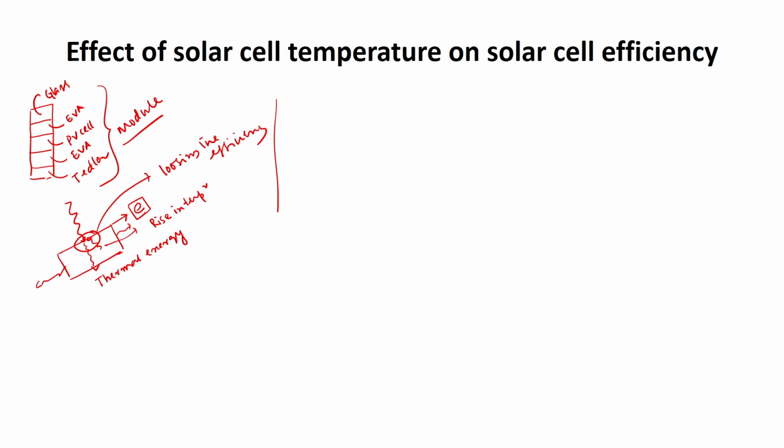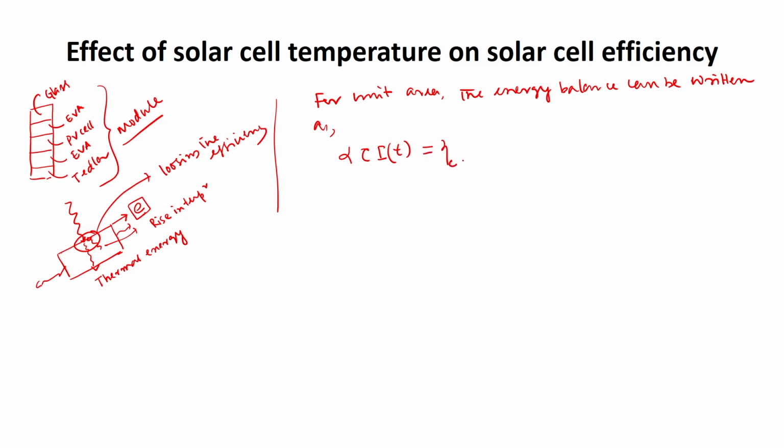So, for unit area, the energy balance can be written as alpha tau I t is equal to eta c I t plus U L into T c minus T a, and here tau is the transmissivity of the cover of the solar cell.